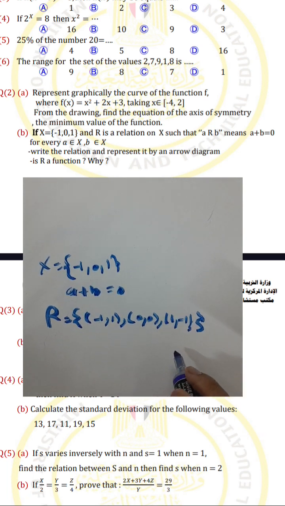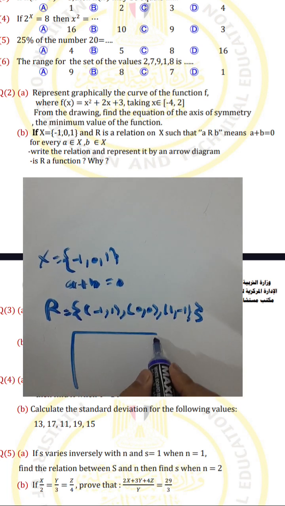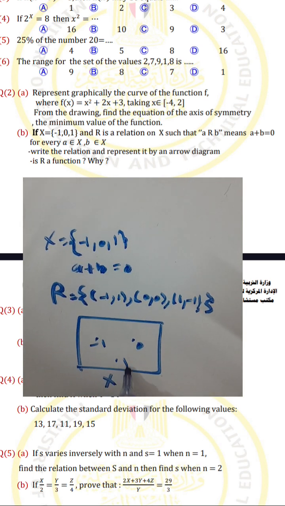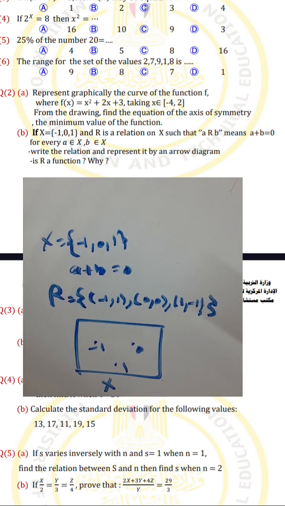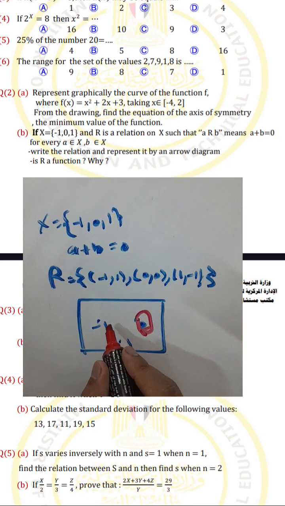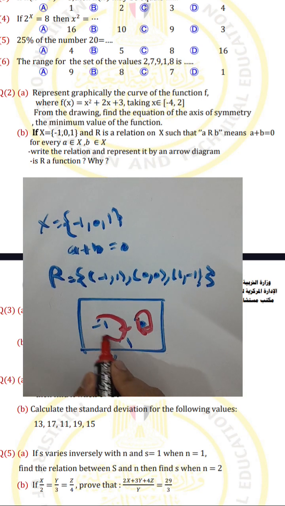And then we can draw our diagram of this relation. Here we have x, and put the points here -1, 0 and 1, and then you can draw the arrow here from 0 to itself. 0 plus 0 equals 0, -1 plus 1, and 1 plus -1 equals 0.